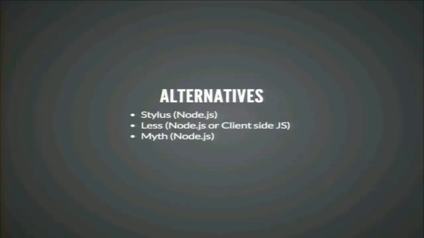So there are alternative CSS preprocessors out there. Stylus is probably the biggest competitor with Sass. Stylus is written in Node, and I think 80% of Stylus is exactly the same as Sass. All the functionality is the same.